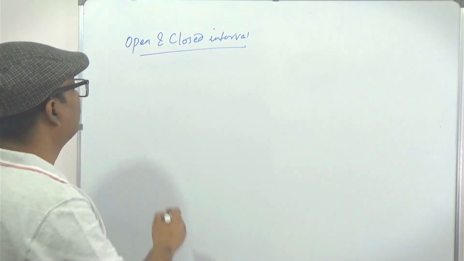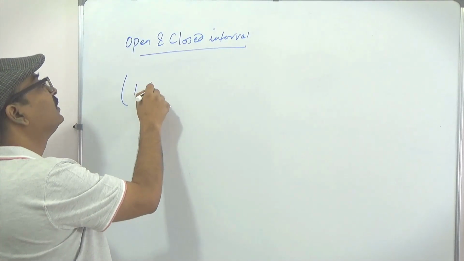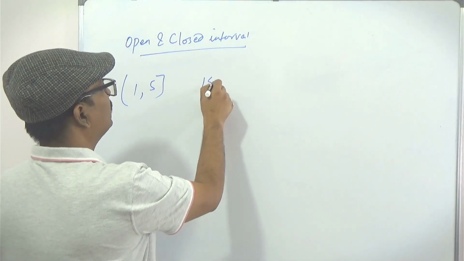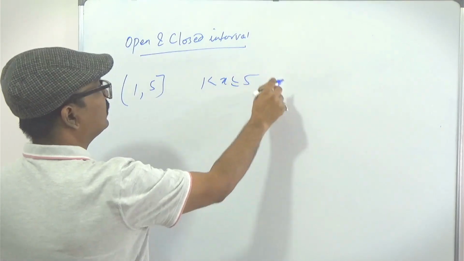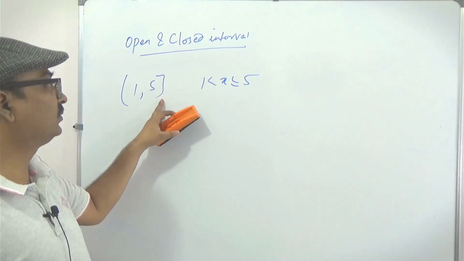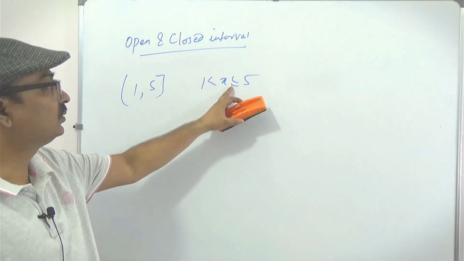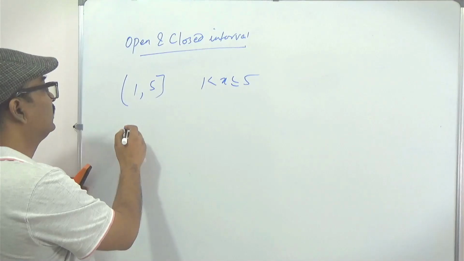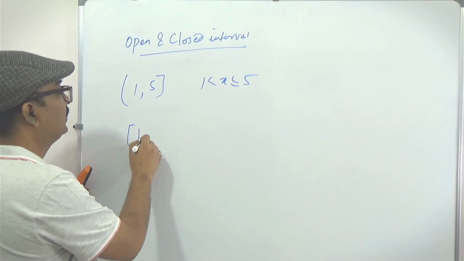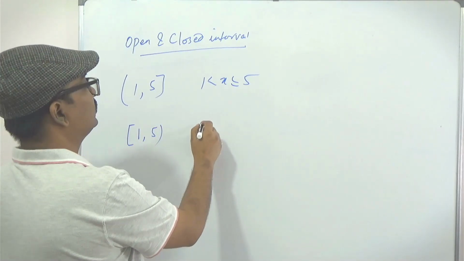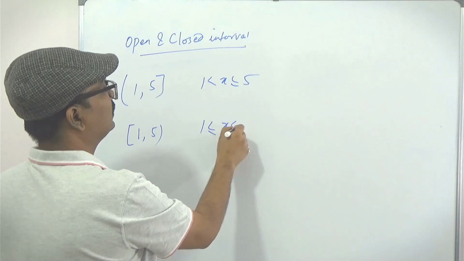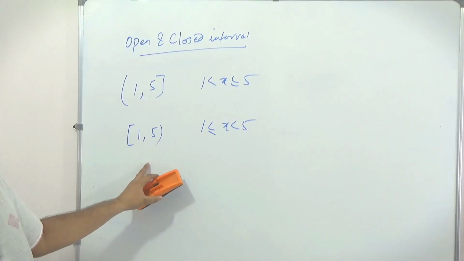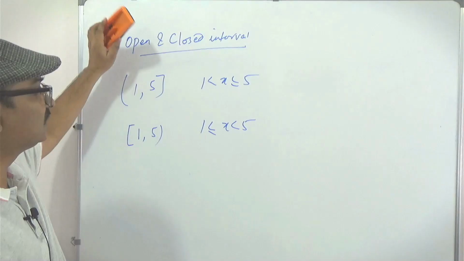For example, we can have (1, 5]. This means this is closed, so it will contain 5 also. So x is less than or equal to 5, but x is greater than 1. Or the reverse, we can have [1, 5). So x is greater than or equal to 1 and less than 5. So these are half-open intervals.